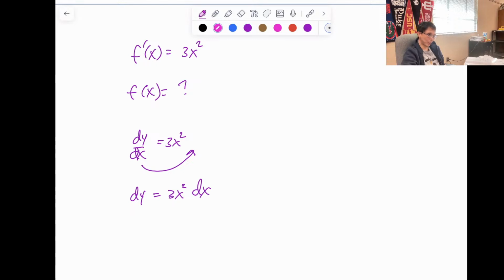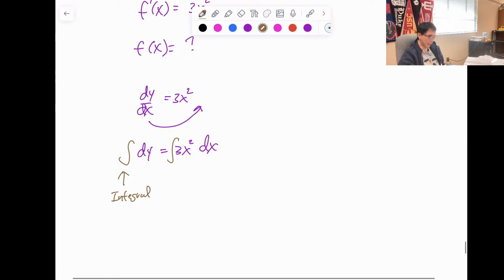And then what you can do is, hey, let's take the integral of both sides. Now the squiggly line is called the integral, also known as the anti-derivative, which is the opposite of a derivative.